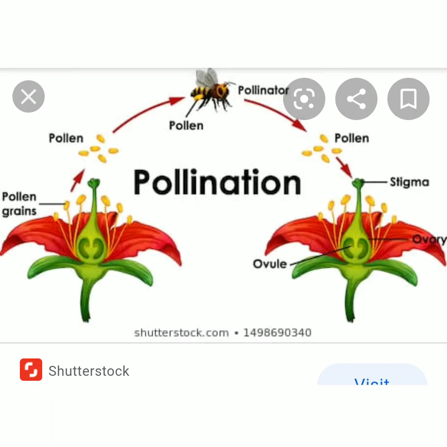There are certain agents which help pollination, known as pollinating agents. There are two types of pollinating agents: living or biotic pollinating agents, which include insects, birds, bats, etc. And abiotic pollinating agents include wind, water, dewdrops, etc.